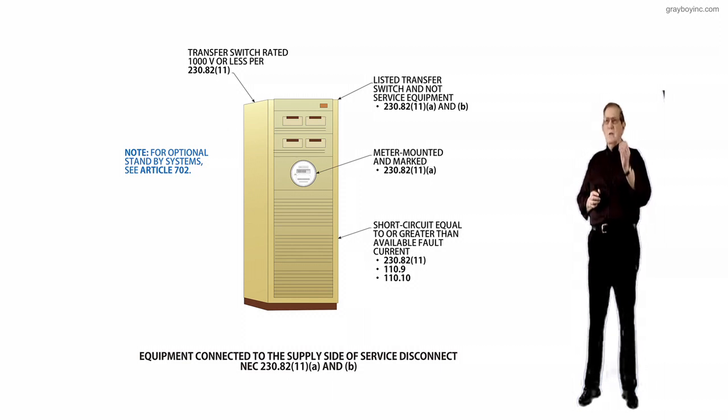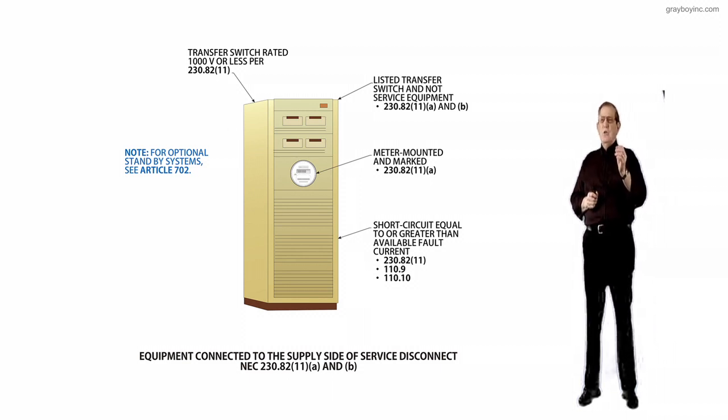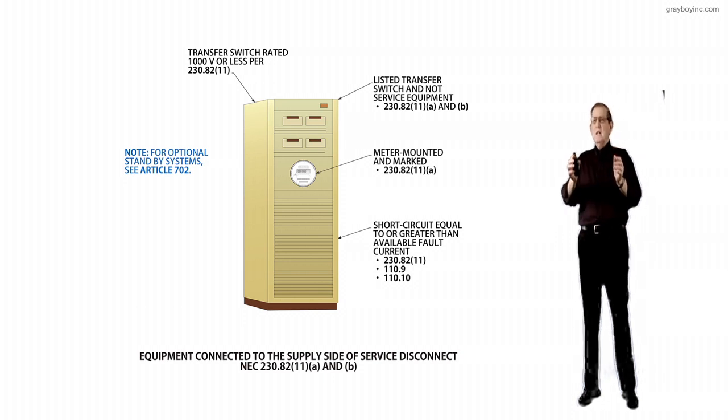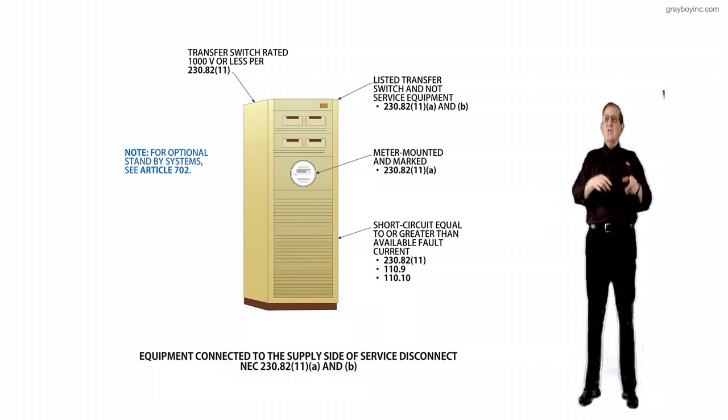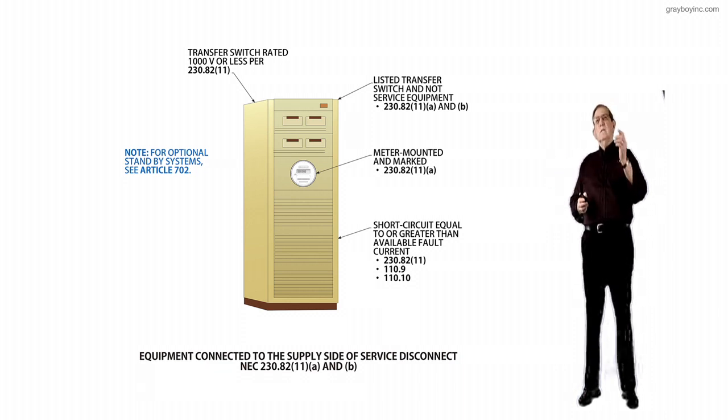It also allows the user of the optional standby system to calculate the loads that they want to supply, or they can supply all the loads. But what the optional standby system gives you is that it can be brought on manually, it could be brought on automatically, but what I'm trying to point out is there's a choice there.